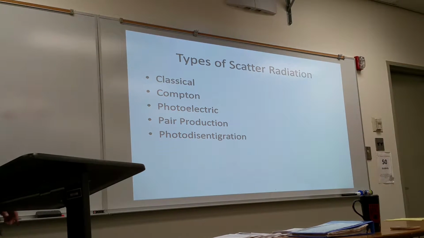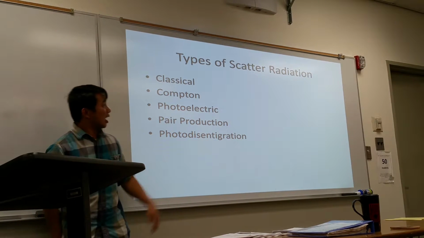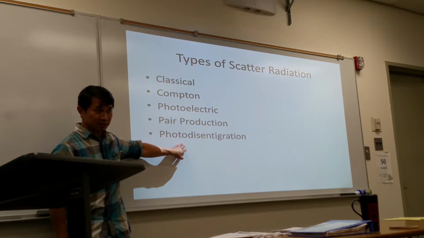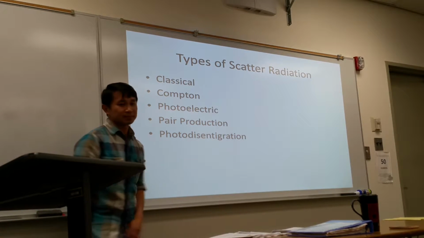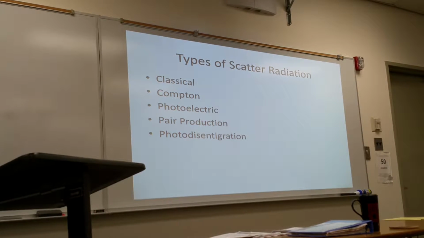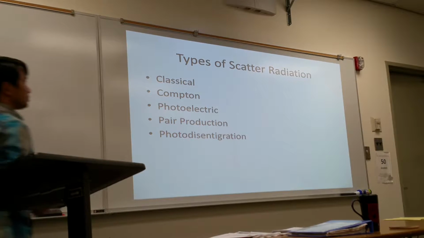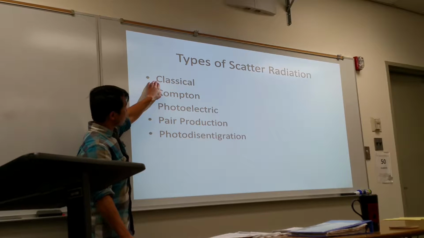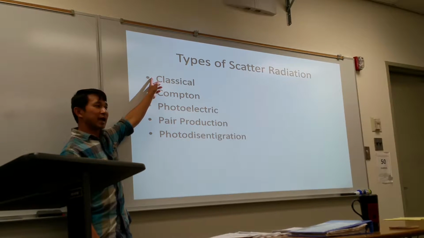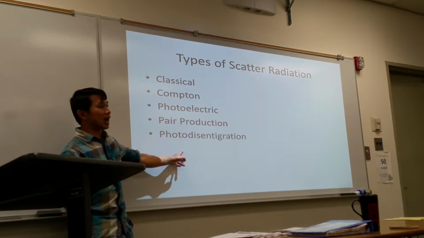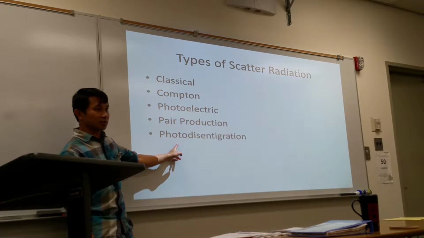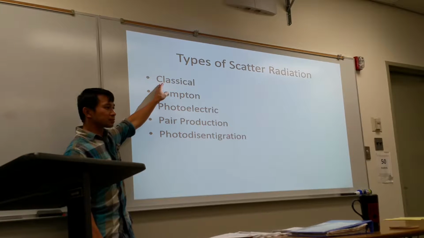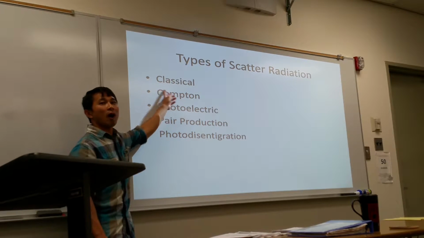Remember I discussed the five different types of scatter radiation? Classical, Compton, pair production, triple production, and photodisintegration. So we're going to talk about each of these, starting with classical, which is the weakest type of scatter radiation, to the strongest type, which is photodisintegration. Generally, with the weaker type, the weak energy interacts with the whole atom.